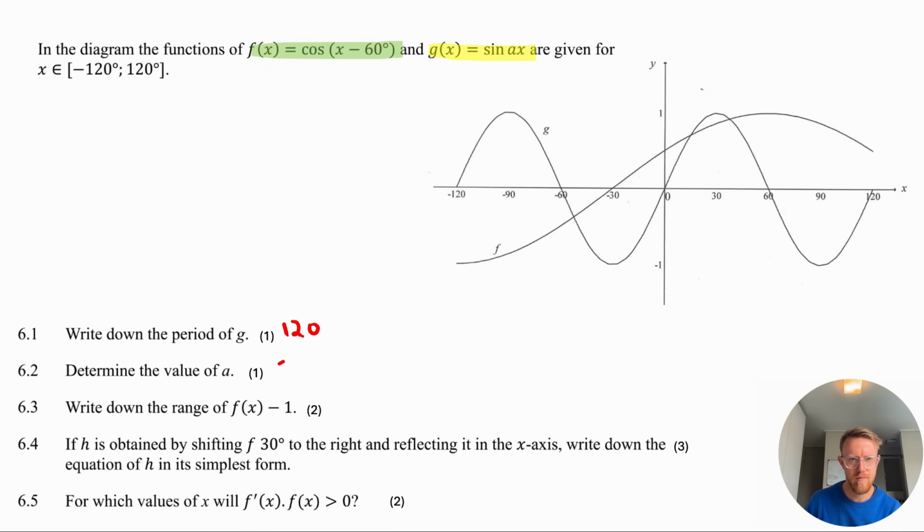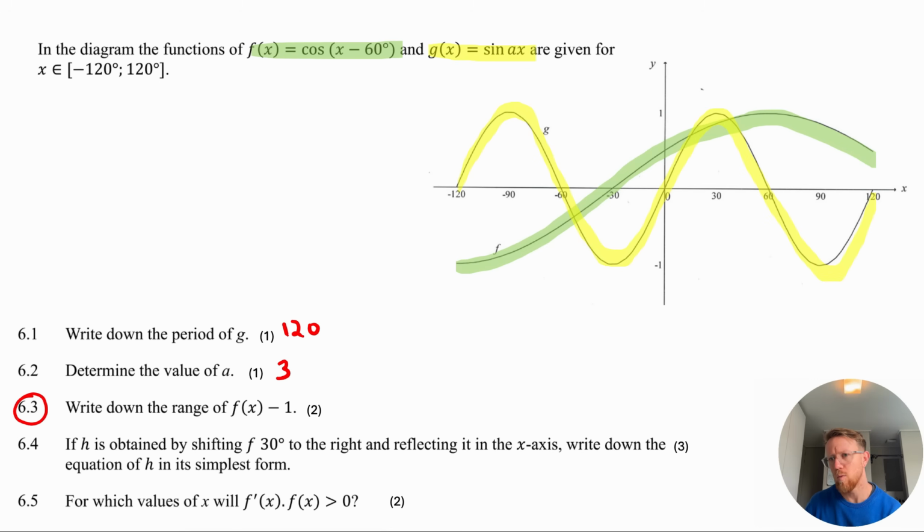This question over here says, write down the range of f if it is subtracted by 1. So let's just go look at the normal graph of f for now, and let's go look at its highest and lowest point. So f is the green graph. The green graph at the moment has a maximum y value of 1, and a minimum y value of -1.